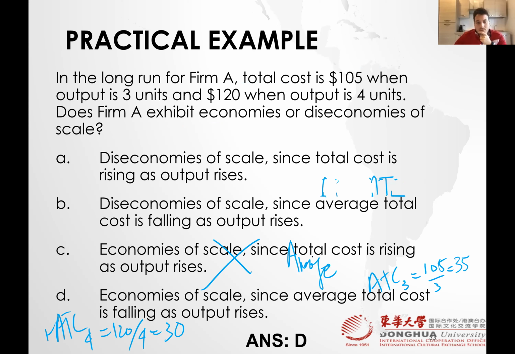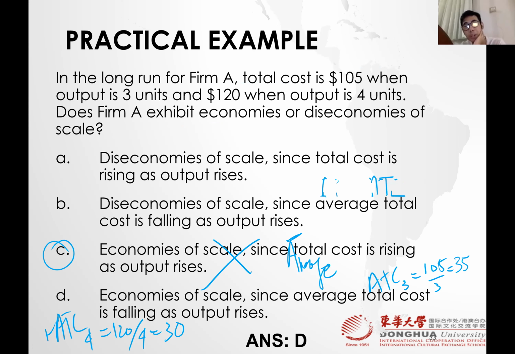I think when I pasted it, I omitted that one here. So fundamentally, this definition is wrong: economies of scale and average total cost is rising. No, right? Economies of scale is that part in which average total cost is decreasing as quantity rises. Understand everyone?